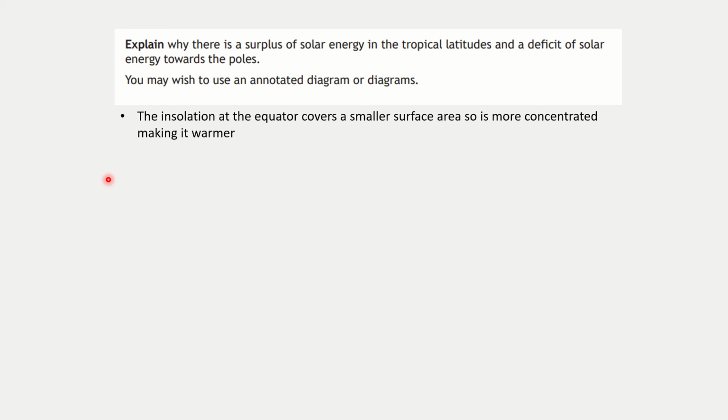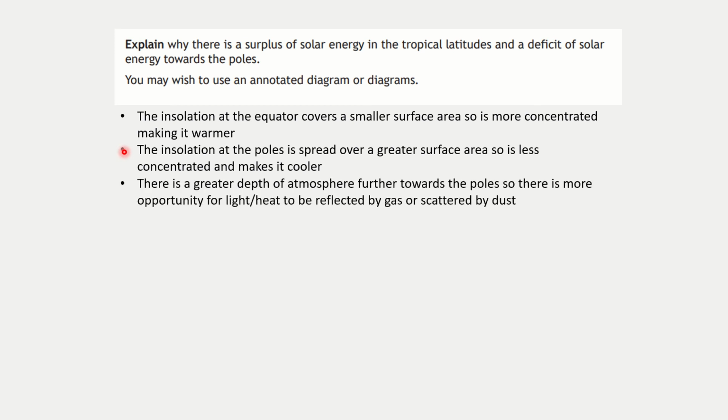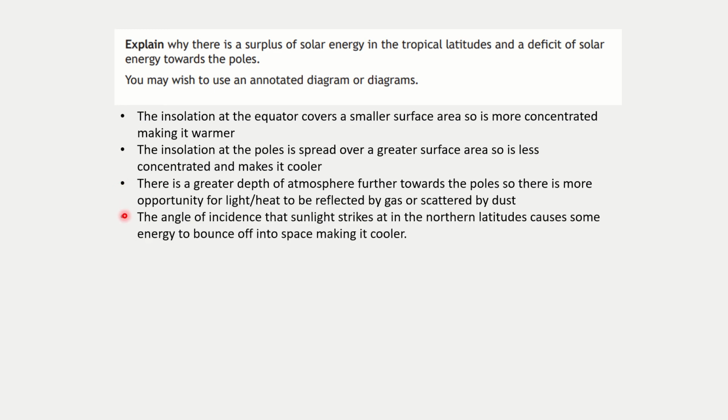We've already covered the insolation at the equator covers a smaller surface area, so is more concentrated. And we've covered that the insolation at the poles is spread over a greater surface area, so it's less concentrated. We've covered the greater depth of atmosphere towards the poles, and we've covered the angle of incidence. You can see the degree of detail that I'm writing in here to form this model answer.